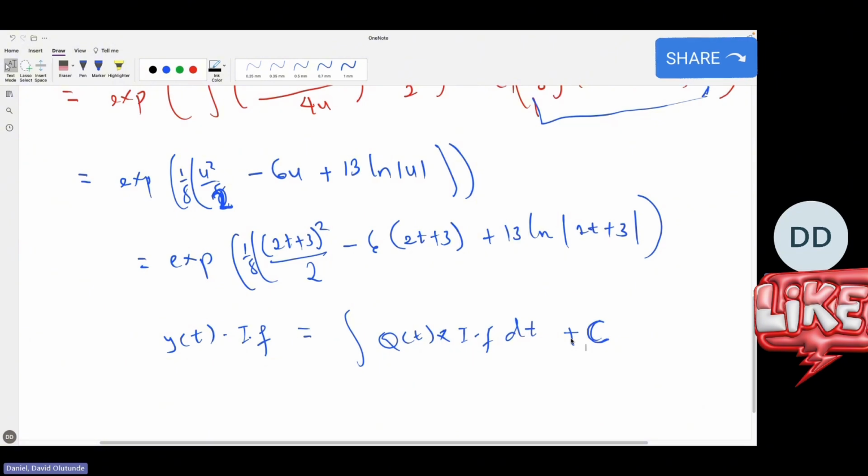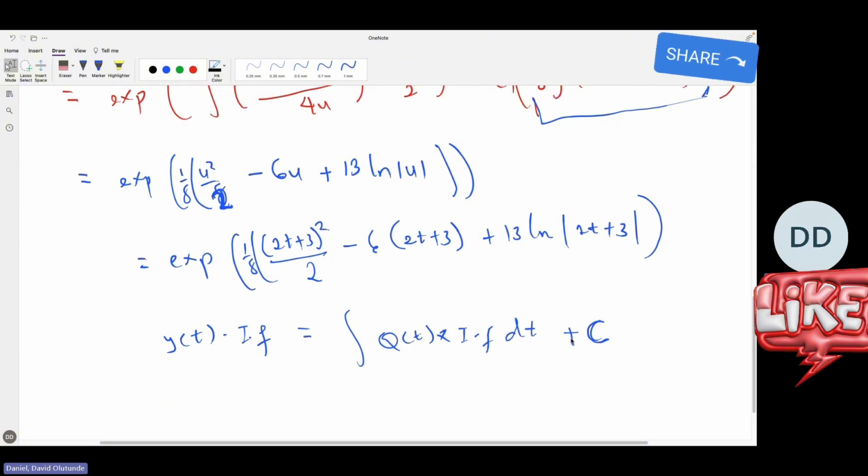If you remember this formula, y of t multiplied by your integrating factor equals the integral of q of t. You know what your q of t is in this case. Our q of t is 0. That simply means everything in that integration part disappears except the arbitrary constant c.